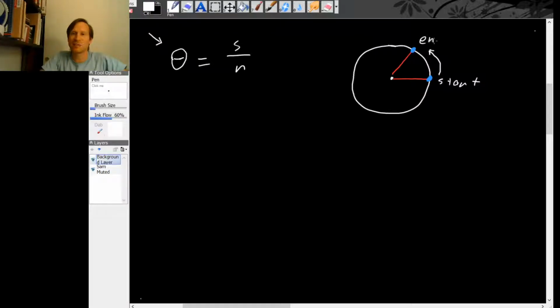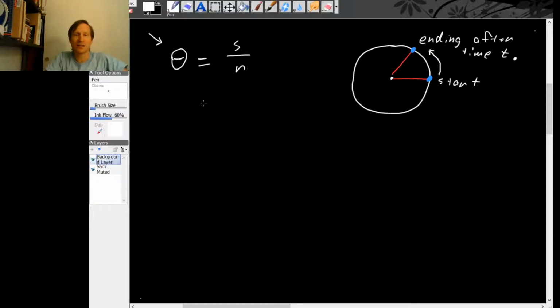So here's its ending position. And this is after some amount of time, let's call that amount of time t. You could measure t in seconds or minutes depending on exactly what the situation is. So we have a change in position here after some given amount of time t.